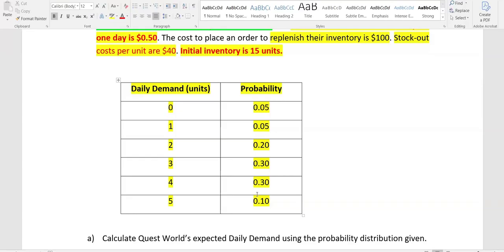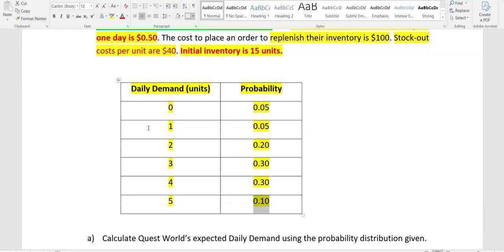For example, the probability that the company will sell 0 products on a given day is 5%. The probability that they will sell 1 unit on a given day is 5%. The probability that they'll sell 2 units is 20%. The probability that they'll sell 3 units is 30%. The probability that they'll sell 4 units is also 30%. And the probability that they'll sell 5 units on a given day is 10%.